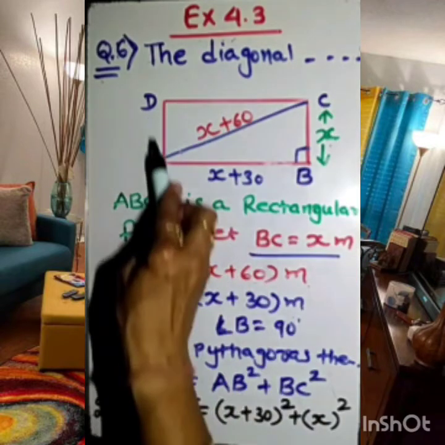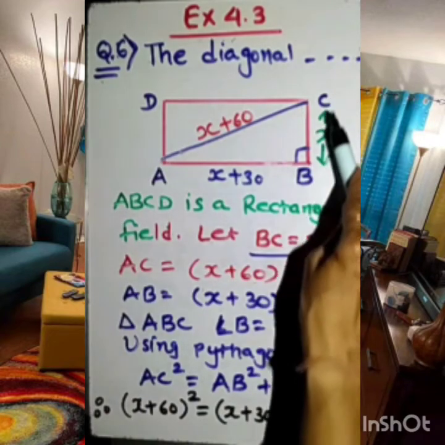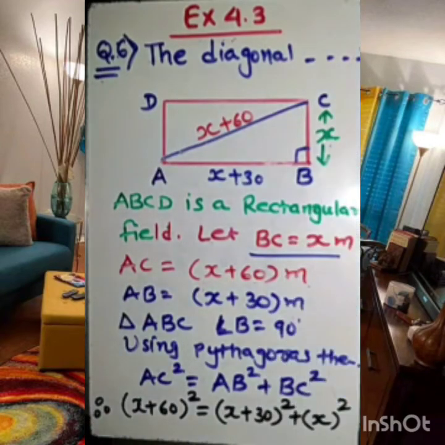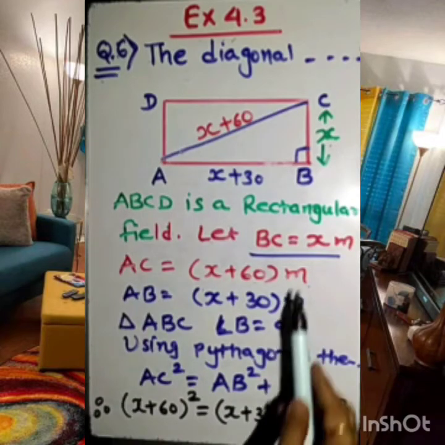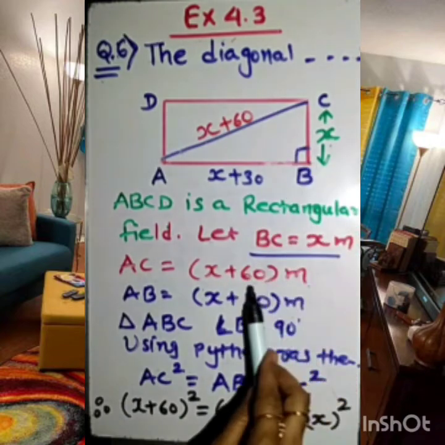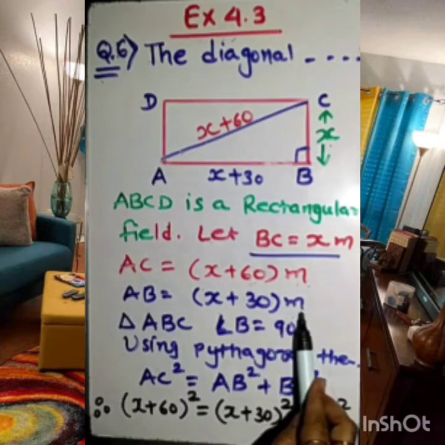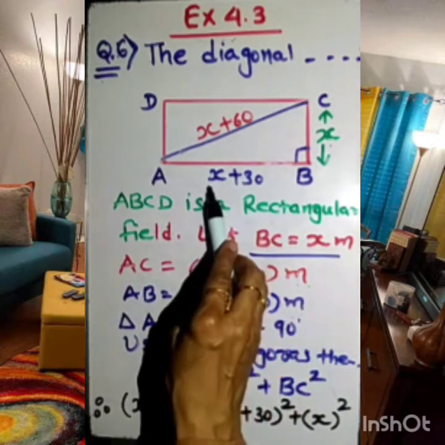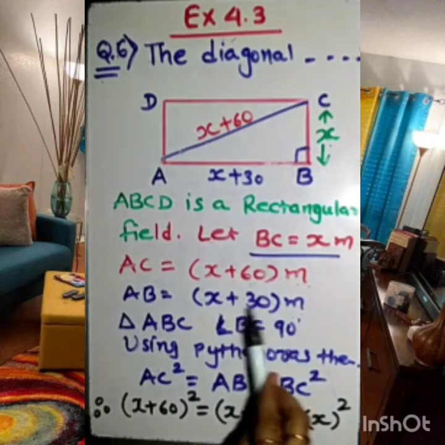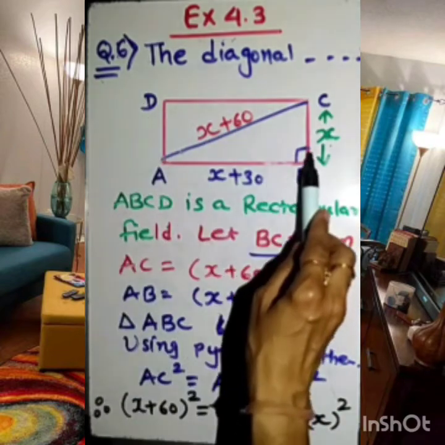ABCD is a rectangular field. In that we are assuming one of the sides, BC, equal to x meter. AC is 60 meter more than that, so it is the diagonal, x plus 60. AB equal to x plus 30, as the other side is 30 meter more than this side. Now we know that in ABCD, angle B is 90 degree.